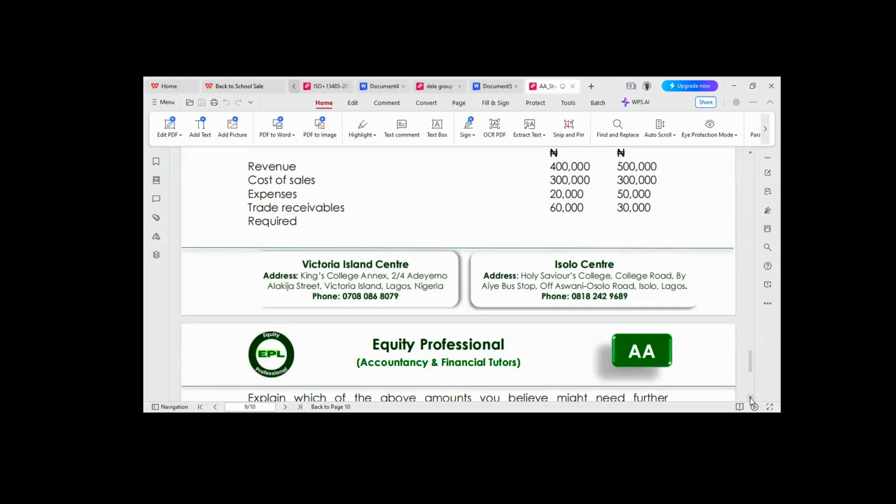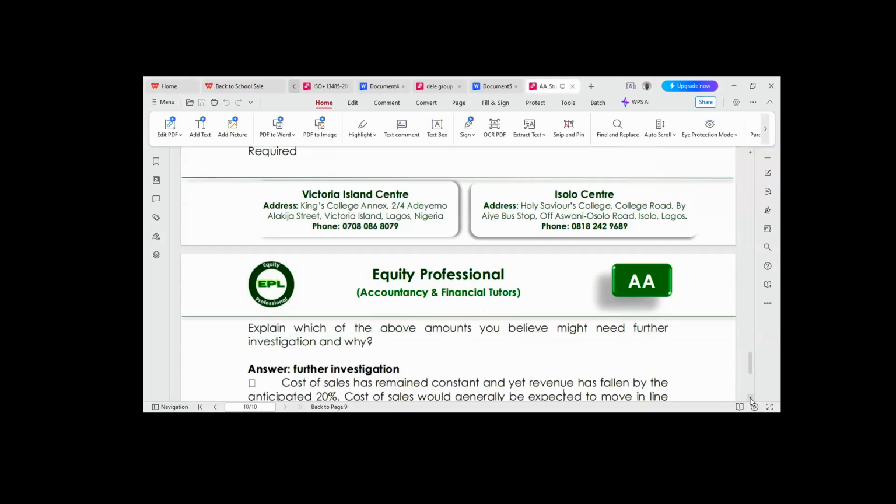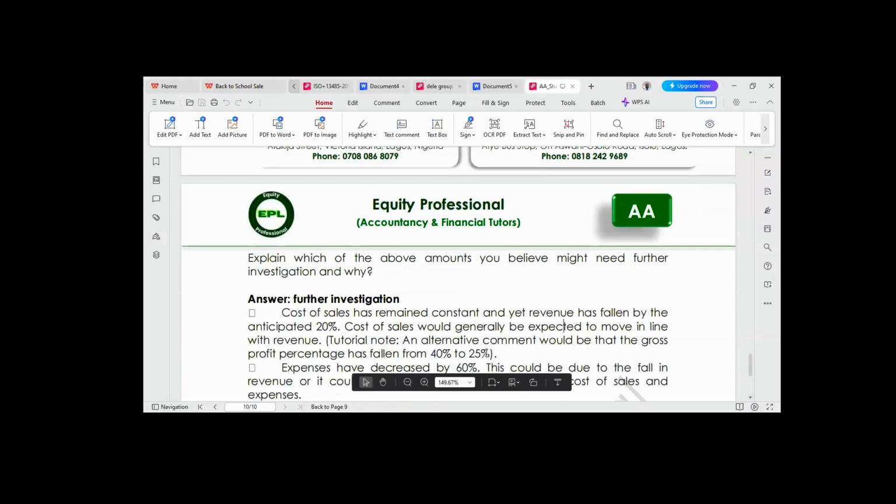You do that for the 2 years. For 2014, the figure you have here is 100 divided by 400. That's 25%. That's how they got the 40 to 25% that you have here. You understand? That is the calculation.